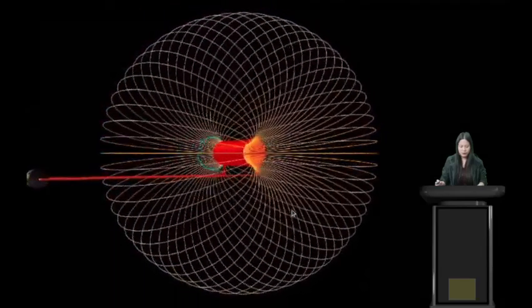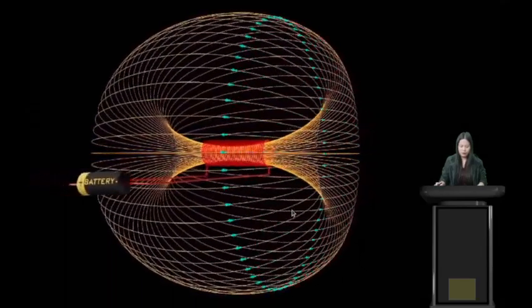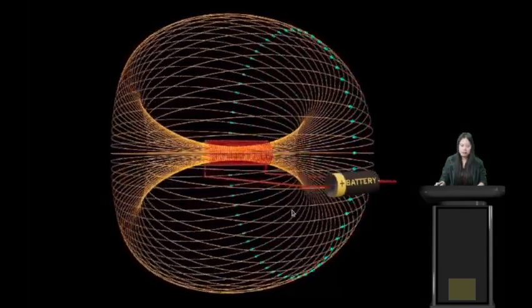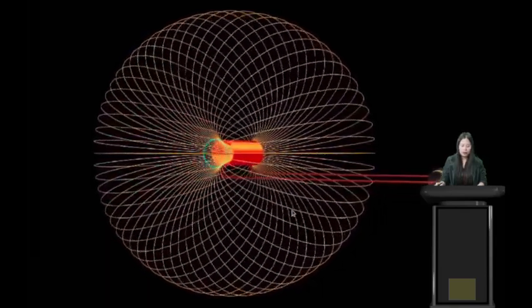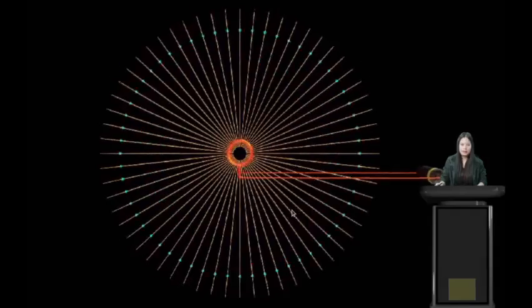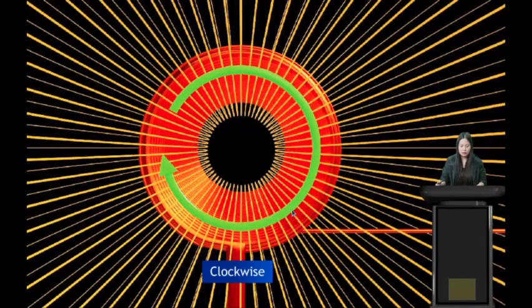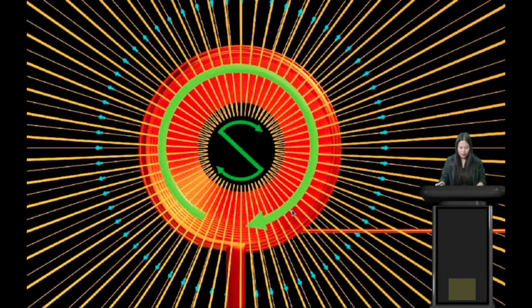Now if we observe the other end of the solenoid, we will see that the direction of current at this end is clockwise. So the end where the direction of current is clockwise is the south pole in a solenoid.